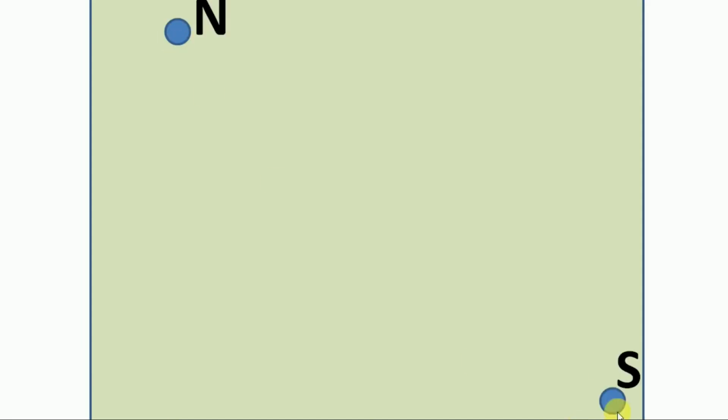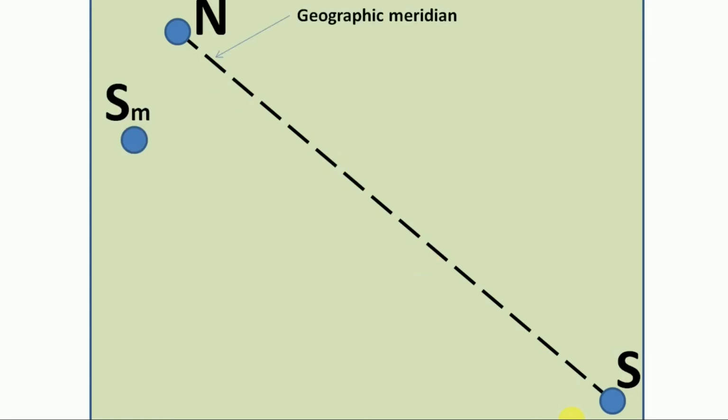Suppose these two points are geographical north and geographical south of the Earth. So the plane passing through these two points is called geographical meridian. So this dotted line is the geographical meridian. Suppose this is the magnetic south. We all know magnetic south and north do not coincide with each other, so they are at some distance.